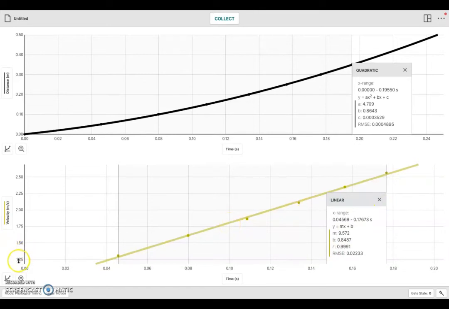And we can see that the slope for this works out to be 9.572. This slope should be extremely similar to the slope that you got in the first part of our lab. The reason is that the rate at which objects fall on Earth is always the same.